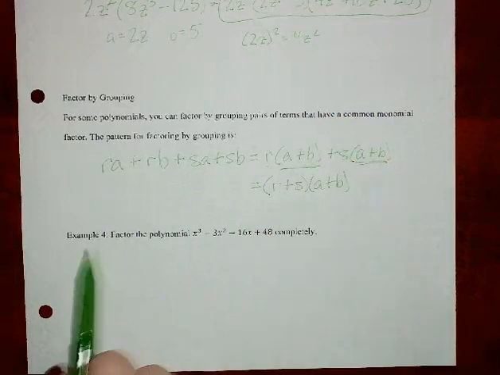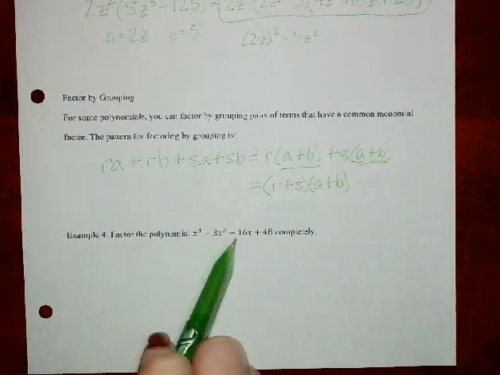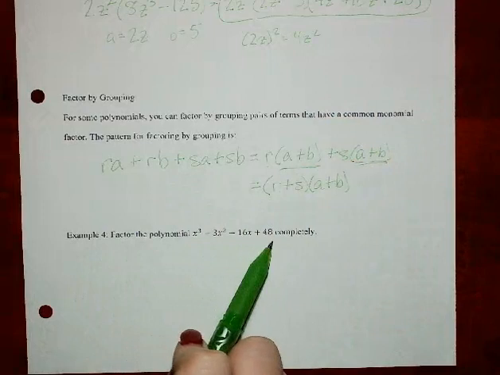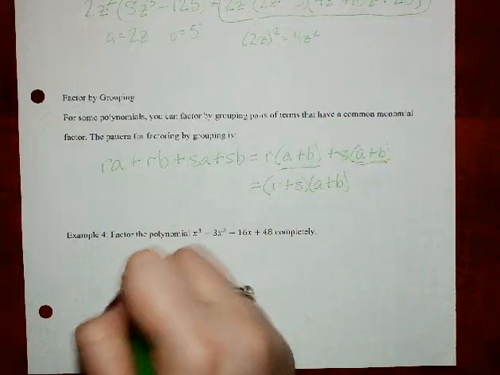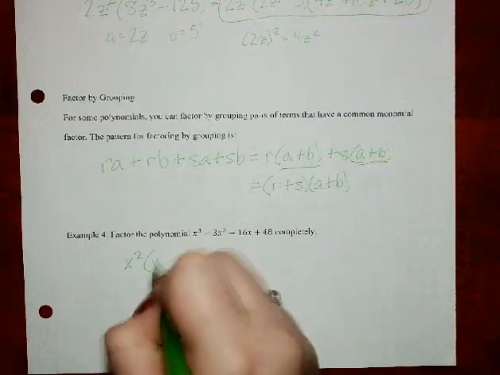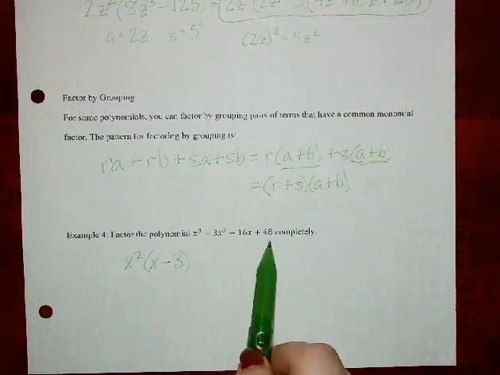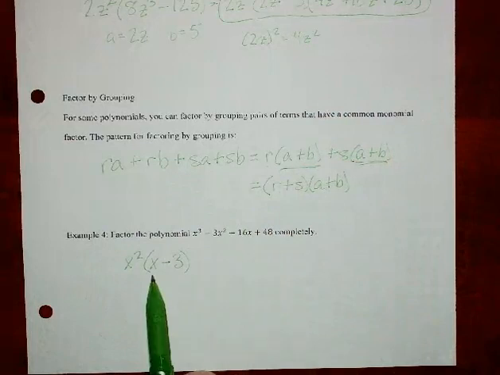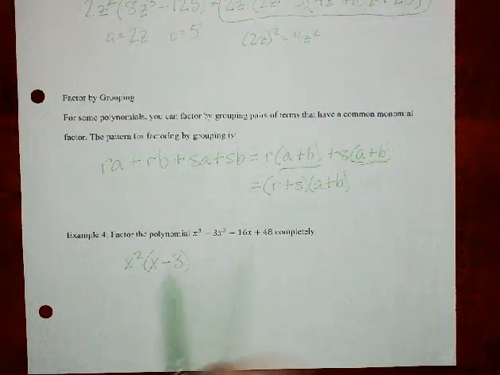Example 4. Factor the polynomial x to the third minus 3x squared minus 16x plus 48. If we look at our first 2 terms, we have an x squared in common. So I'm going to factor that out, and I'm left with x minus 3. Now, I want to factor something out of these 2 terms so that I am left with x minus 3. This is a negative 16x, and I want to factor something out so that I'm just left with x.